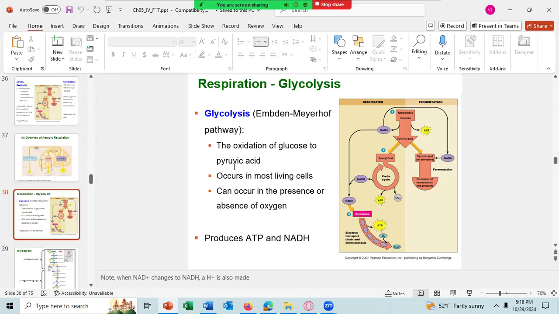Pyruvic acid is sometimes called pyruvate. The cell uses pyruvate and pyruvic acid the same. You would need a chemist really to distinguish the two. Pyruvic acid has the hydrogen attached to it. Pyruvate does not.